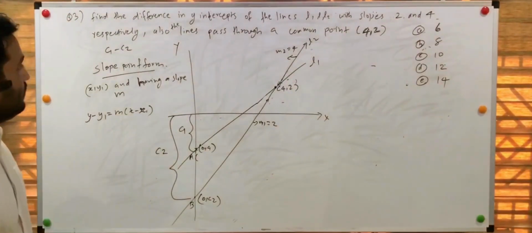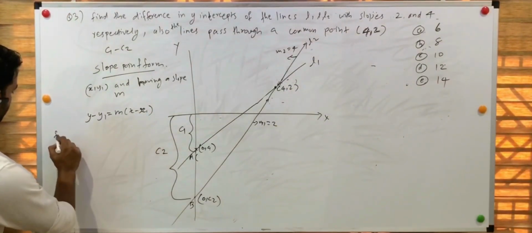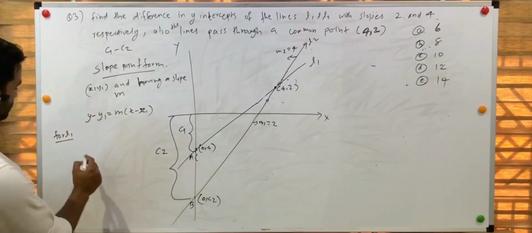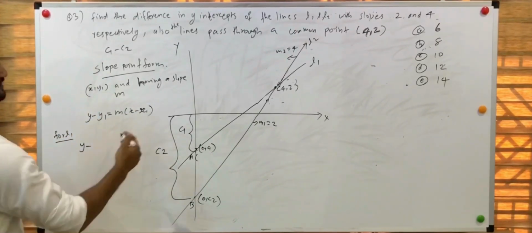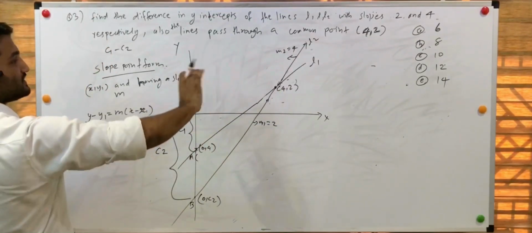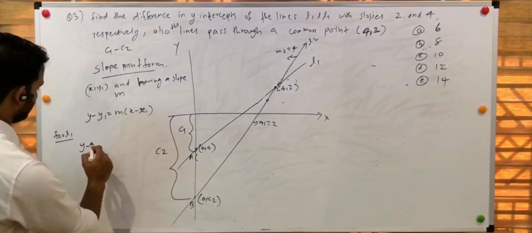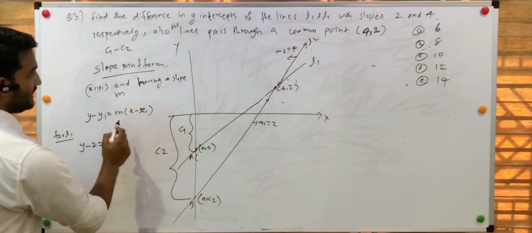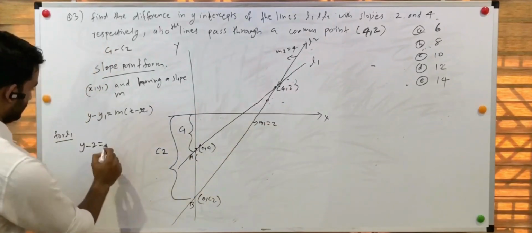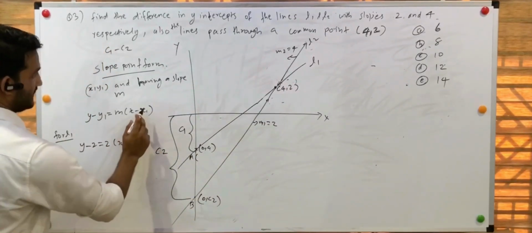So for line L1, apply the slope point form. y minus y1, where y1 is 2, because these two lines pass through a common point (4, 2). And m for L1, the slope of L1, is 2, into x minus x1, which is 4.